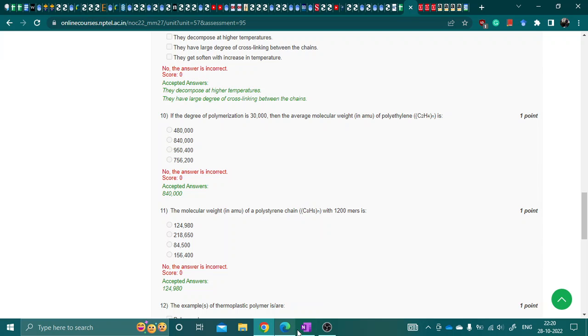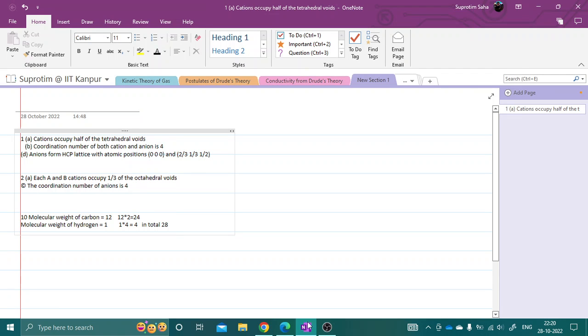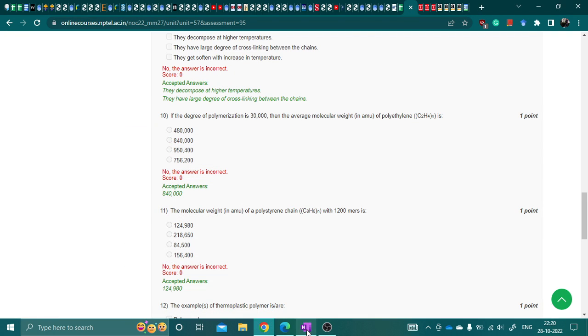So you have to multiply this number with 30,000, and that will get you the right answer: 840,000. That will be the molecular weight of the polyethylene chain, which has 30,000 monomers attached. So the correct answer is 840,000.